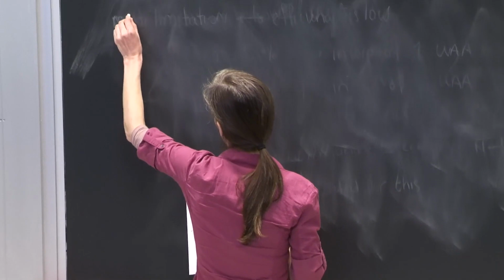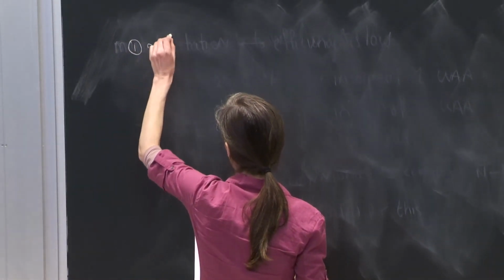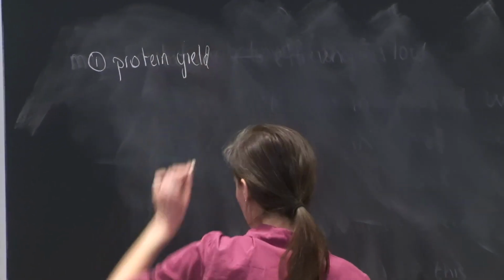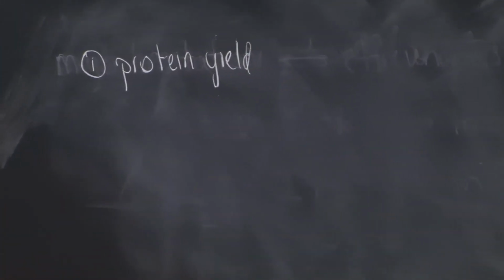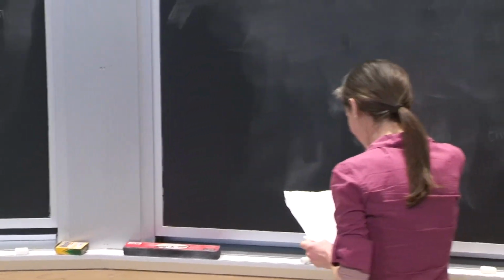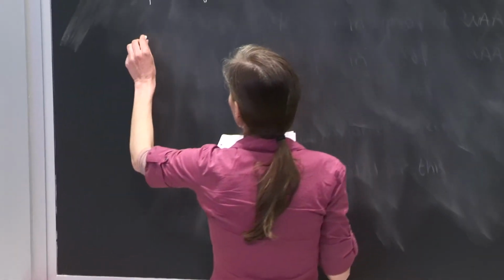First, let's think about protein yield. And I'll just say I have a pet peeve when people don't report their protein yields in experimentals. So if you're doing biochemistry, always think about doing that there.